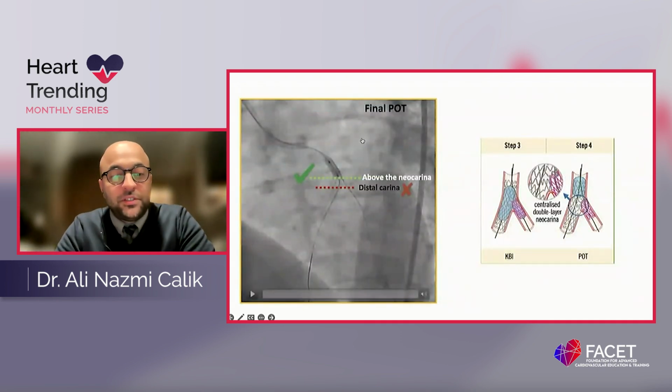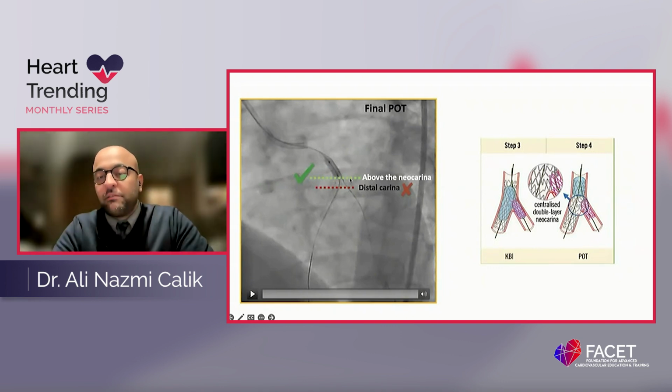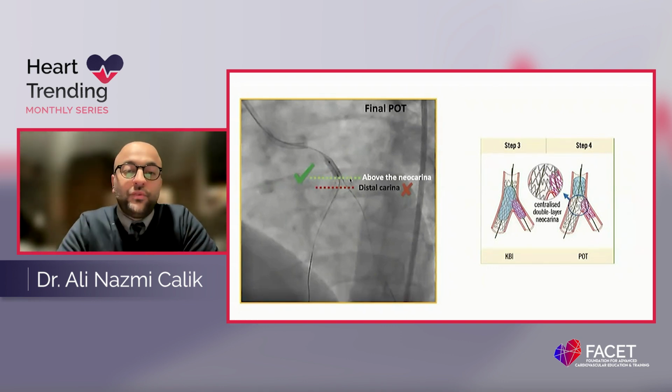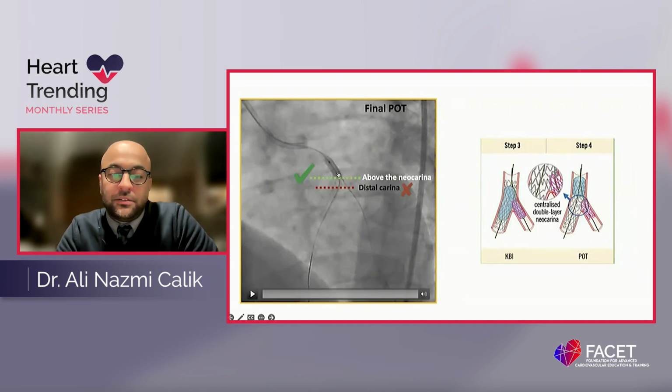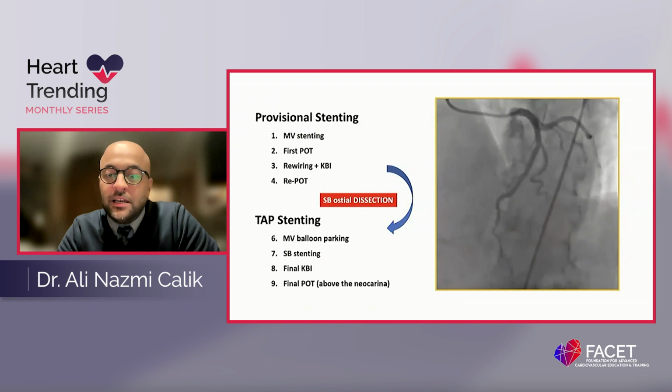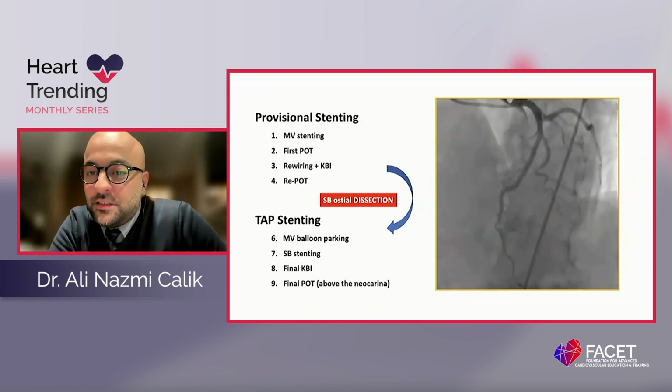So after putting the second stent, you see this is the carina, but we just protrude our second stent to the main vessel, so we have a neocarina in TAP stenting. So we do the final POT just above this neocarina, which is really critical in TAP stenting. So you see the result at the end of the day is amazing.